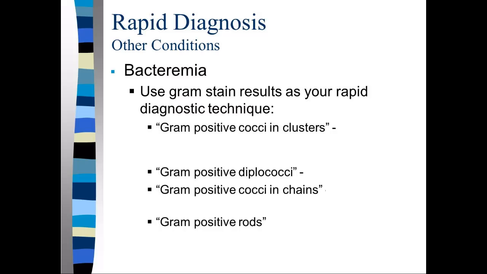But also correspondingly, don't always call a gram-positive rod a diphtheroid, or Corynebacteria, because you may miss Listeria, you may miss Clostridium or Bacillus, or even other gram-positive rods, like gram-positive beaded rods, like Mycobacteria, which occasionally are seen. So it's often useful to call the lab and say, what is the morphology of the gram-positive rod? Is this a short rod, or is it a filamentous rod? So if that information is not reported, call the lab and ask.